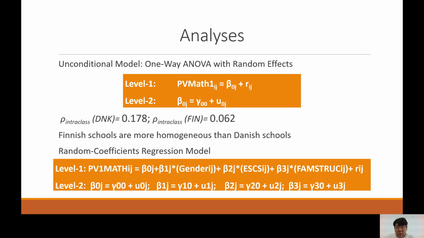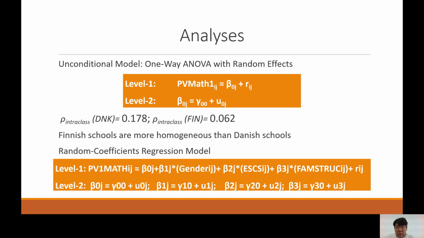Level 1 is the student model, and level 2 is the school level model. The first model is the unconditional model, so we didn't have any predictors in level 1 or level 2.